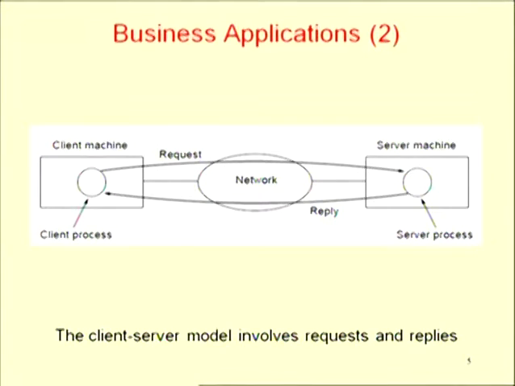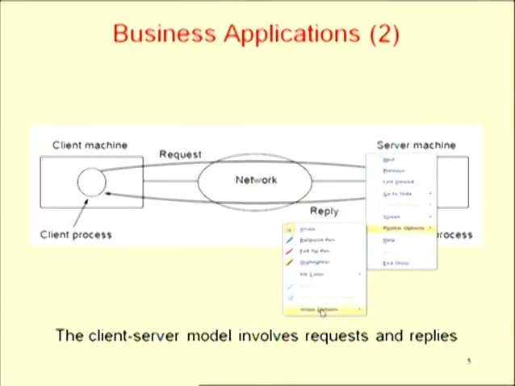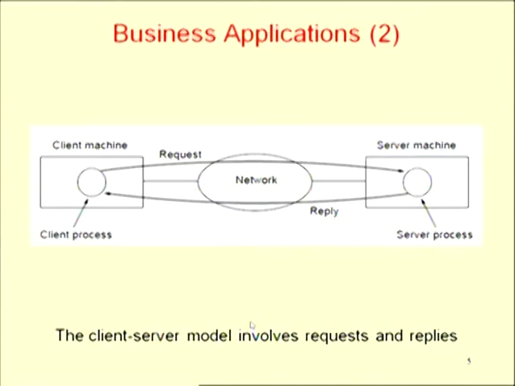So when this client process sends a request to the server process, the server process will send a reply message to the client process, and this way the loop will be completed.